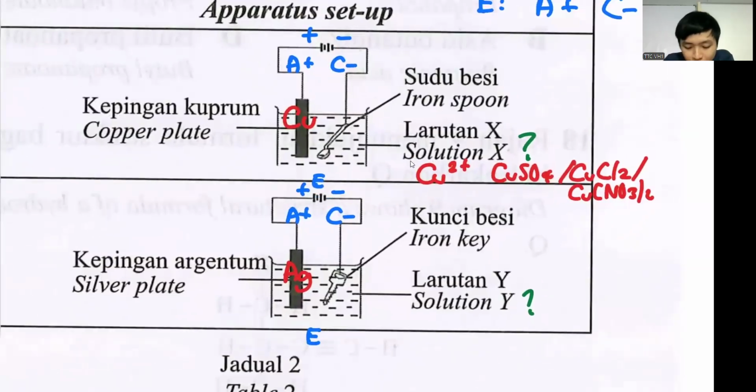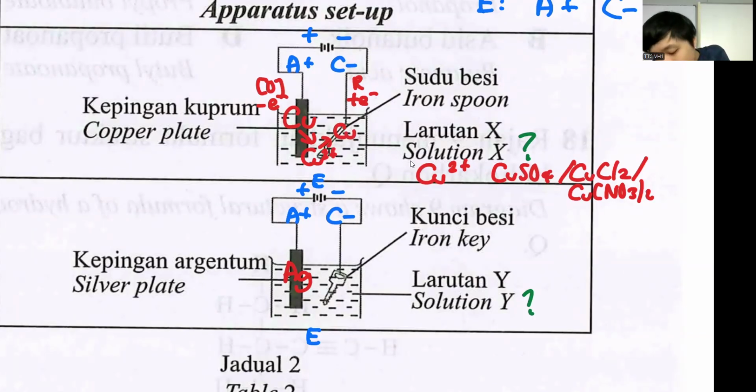And then what happens? In this kind of electroplating, the anode undergoes oxidation, releasing electrons, and the cathode undergoes reduction, receiving electrons. Copper atom releases electrons to become Cu2+. At the iron spoon, Cu2+ becomes copper. Copper, you know what color it is, right?